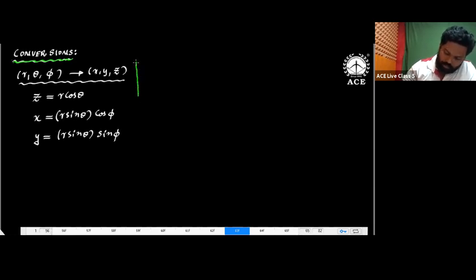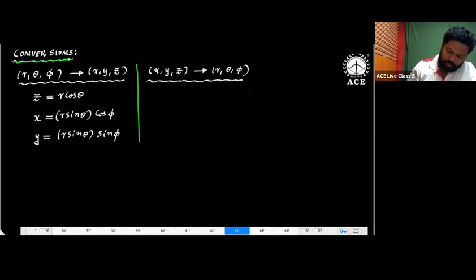Now I want to do the reverse, which is x, y, z to r, theta, phi, beta. Yes, so you can check out, r is equal to square root of x square plus y square plus z square.